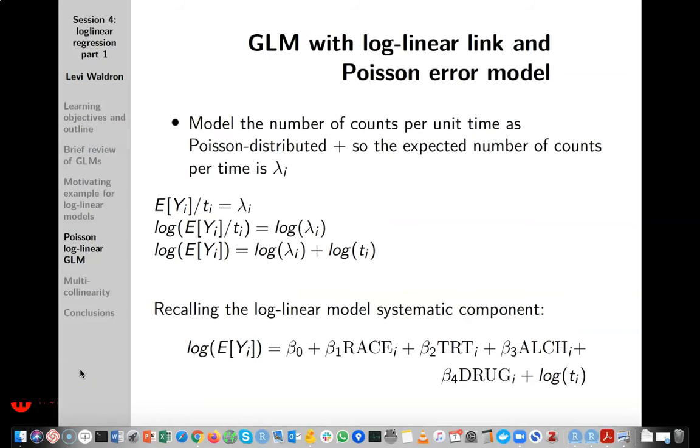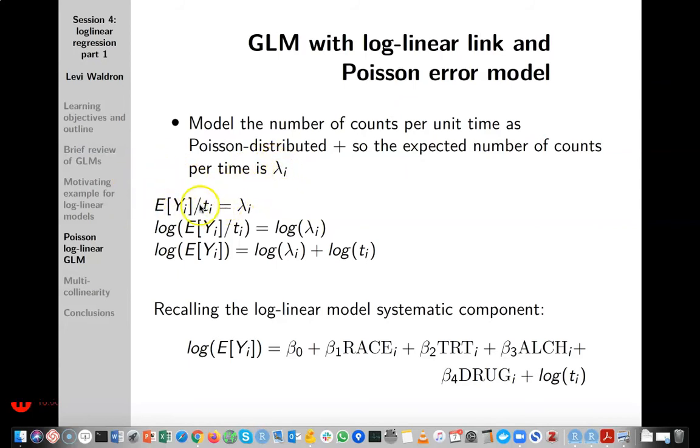So let's go ahead and construct this GLM now with the log-linear link function and a Poisson error model. So we're going to model the number of counts per unit time as Poisson distributed, including this offset for the link function, with the expected number of counts as lambda.